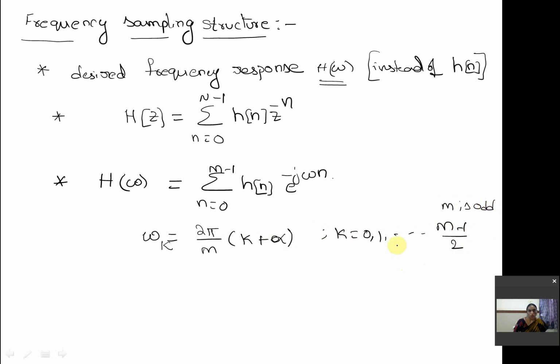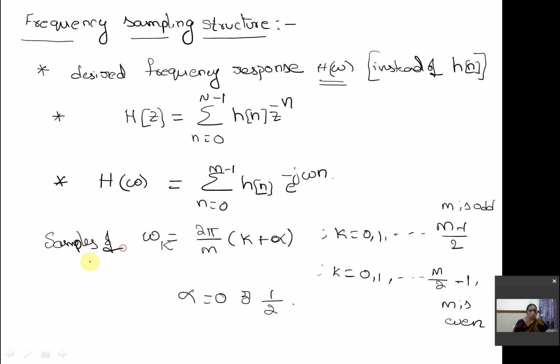If M is even, k is equal to 0, 1 and so on up to M by 2 minus 1. Alpha is 0 or half, 1 by 2. Okay, right? So these are the samples of omega.